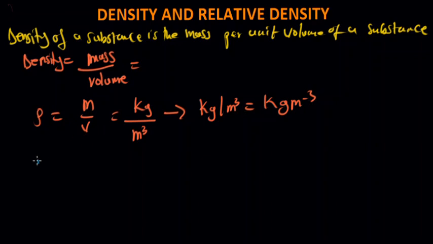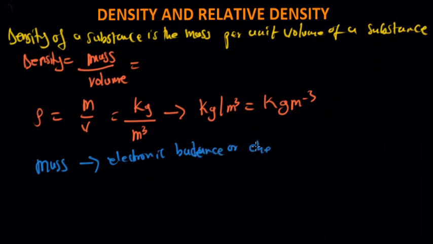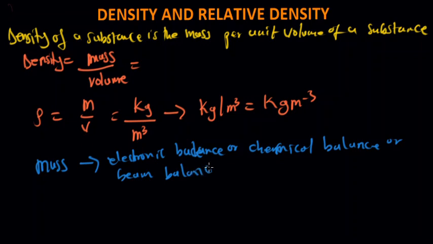You can do so by means of an electronic balance, chemical balance, or beam balance. There are lots of them. When you are done, you must get the volume of what you're looking for.